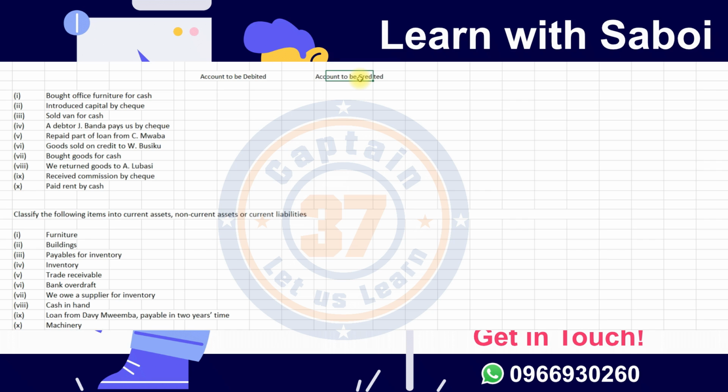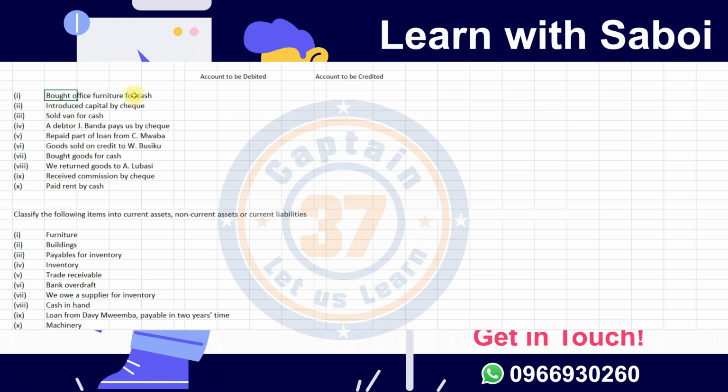So if you have a room for furniture, let's look at number 1. This business transaction involved a purchase: bought office furniture for cash.